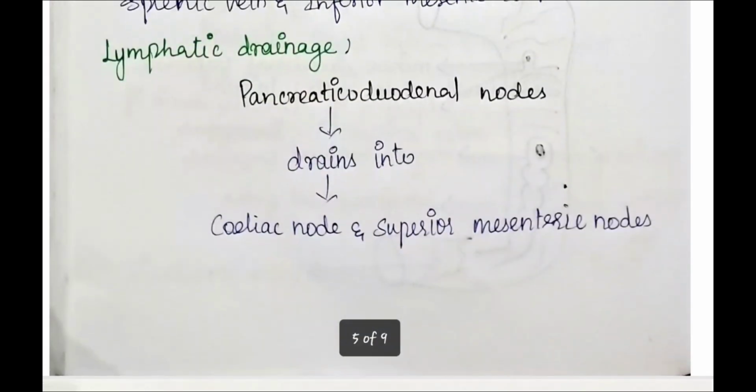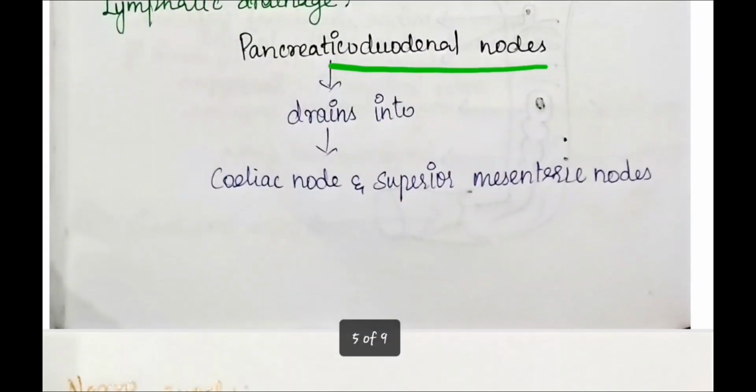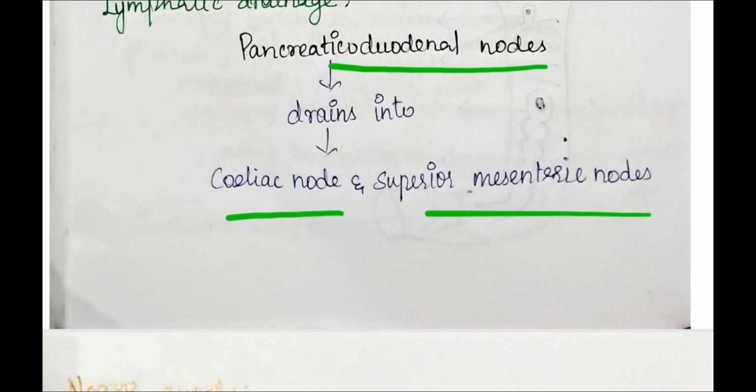Coming to lymphatic drainage, we have pancreaticoduodenal lymph nodes, which mainly drain into the celiac node and superior mesenteric node.